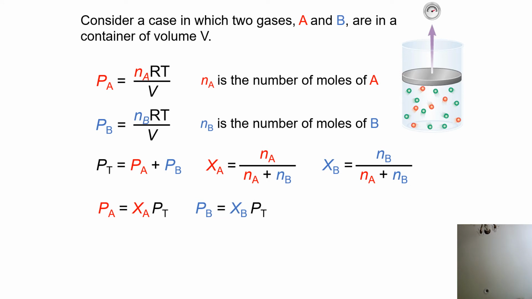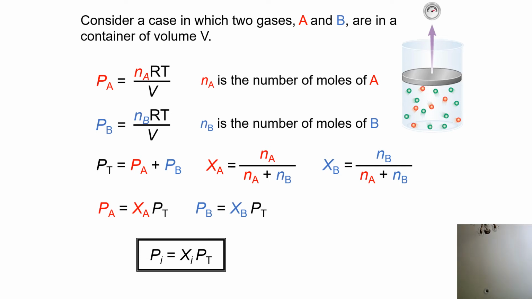So P of A will equal the mole fraction of A times P total, and P of B will equal the mole fraction of B times P total. So essentially, the partial pressure of a gas is going to be the product of the mole fraction times the total pressure. Okay.